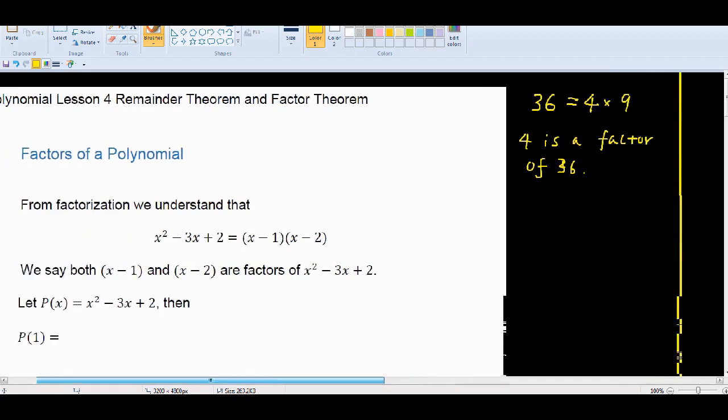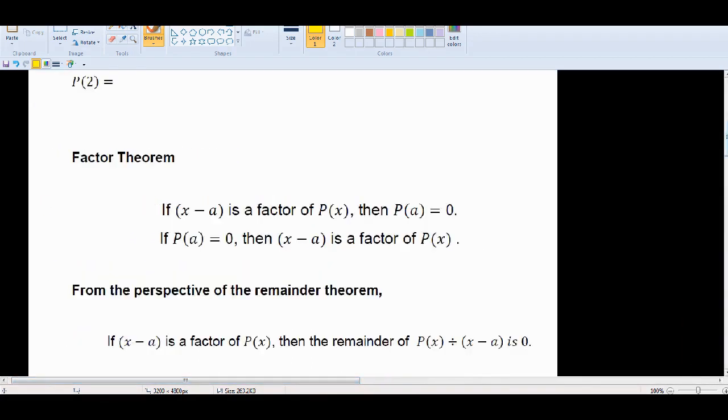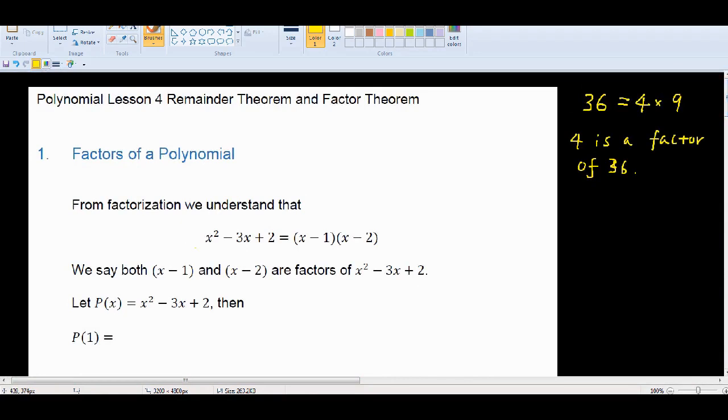So for the polynomial, for example, here we have a quadratic polynomial.